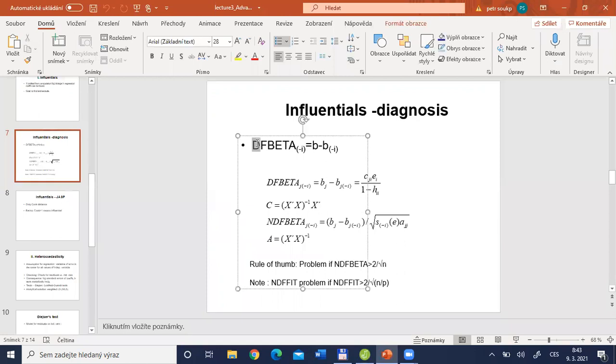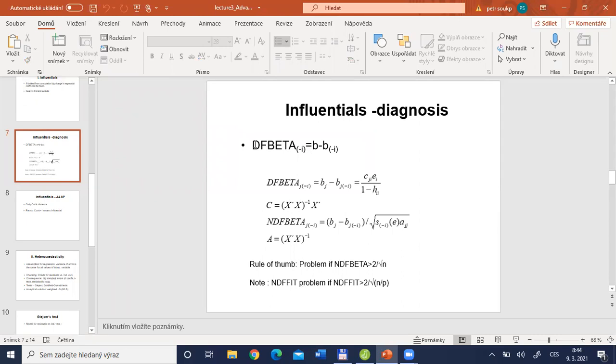That's why we call it DfBetas. It is the difference between the slope and the slope if I am not including this point in the computation. DfFits are a similar topic for the so-called DfFit: I'm computing the difference between the estimated value of the dependent variable.